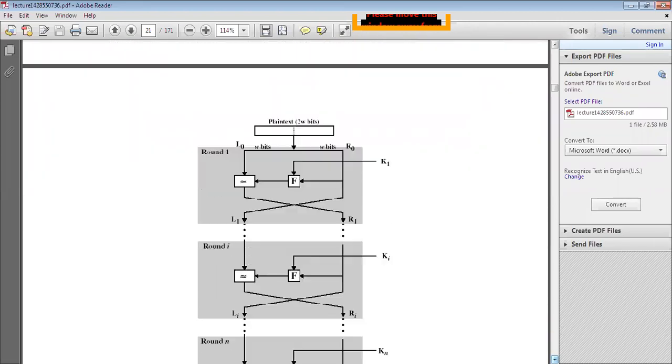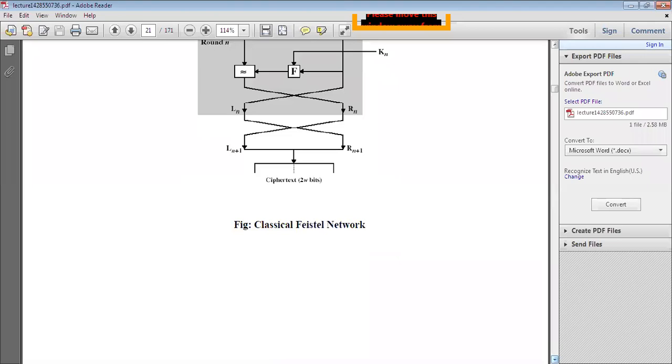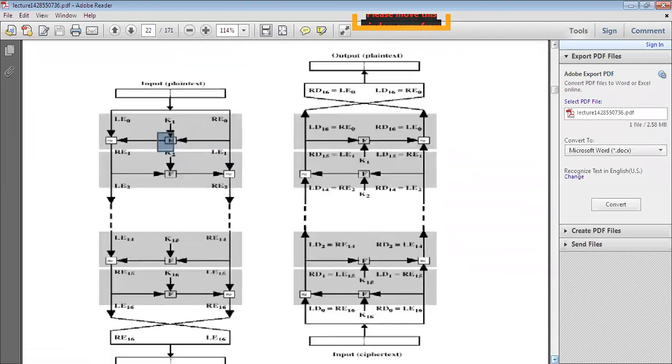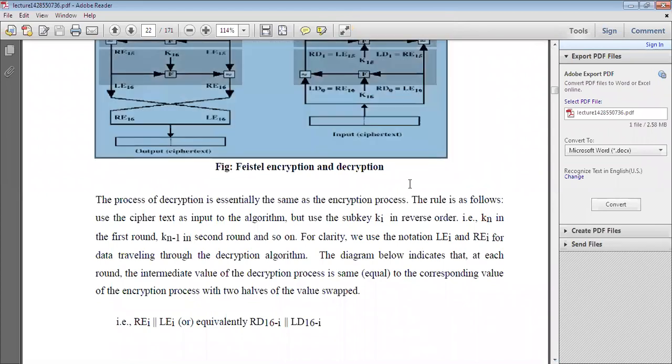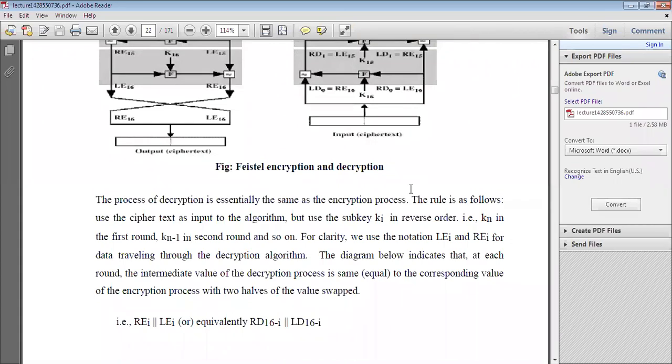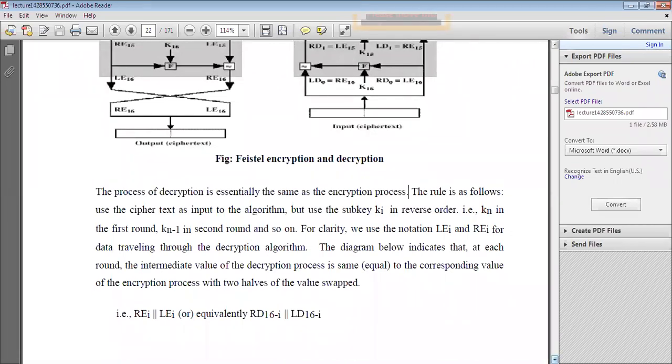Once we complete this Feistel network, this entire Feistel encryption decryption process, you can apply in the DES algorithm. DES means Data Encryption Standard. The process of encryption is converting the plain text to ciphertext.